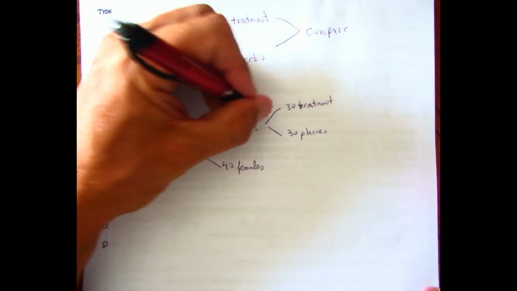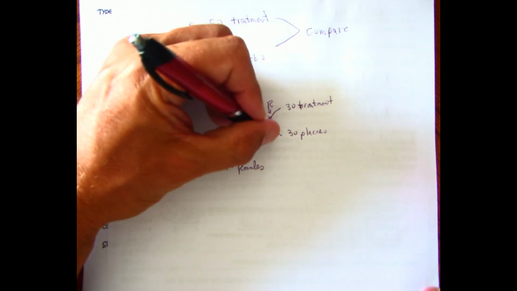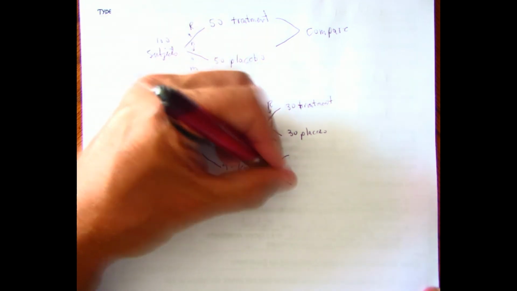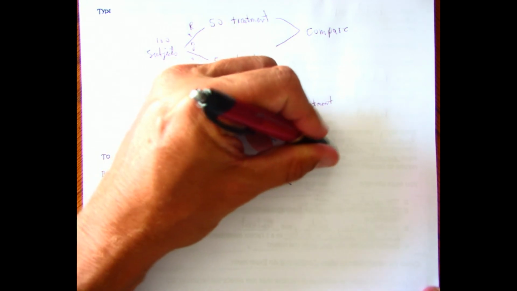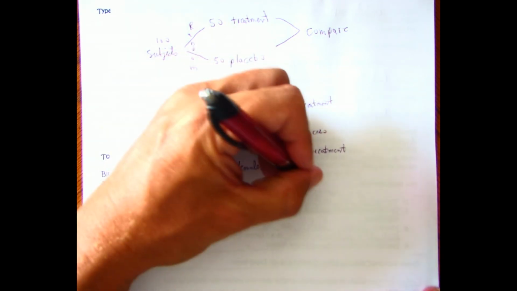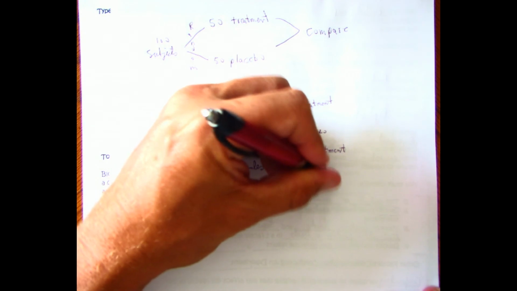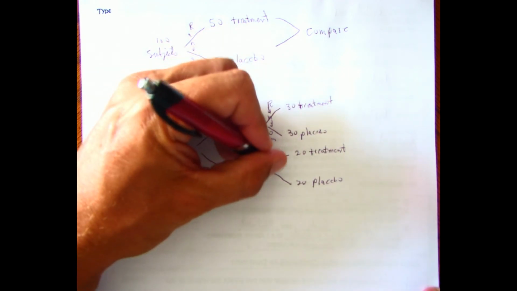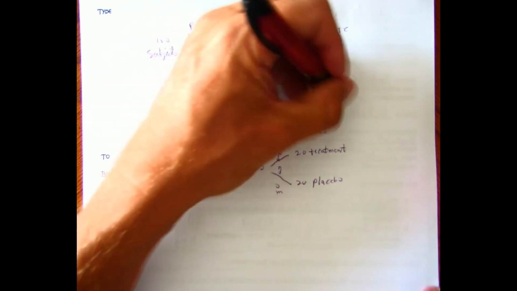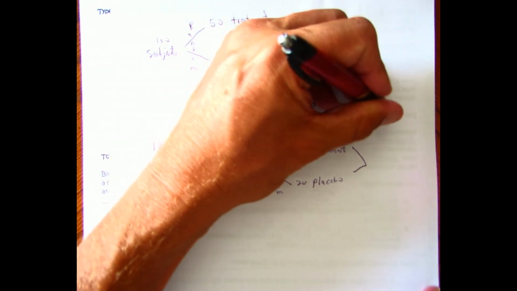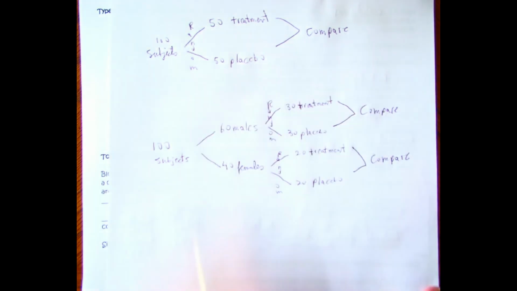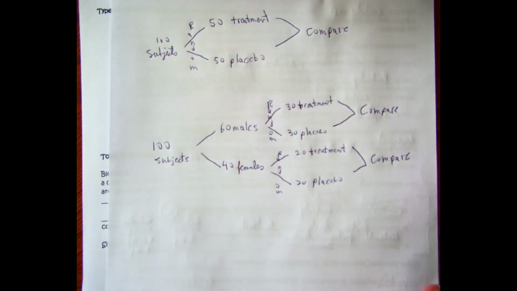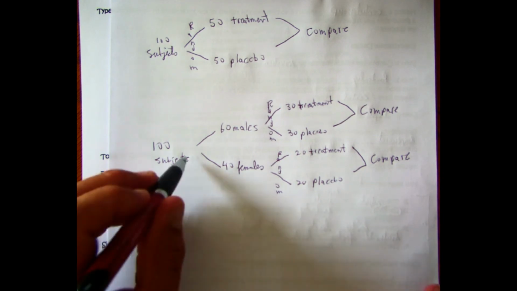This is randomly done when I assign them the treatments, and then with the females, 20 get the treatment and 20 get the placebo. And this is randomly done. And then I compare within each block, not across blocks. So I see how effective it is for males, and I see how effective it is for females. Okay. So that's blocked design.